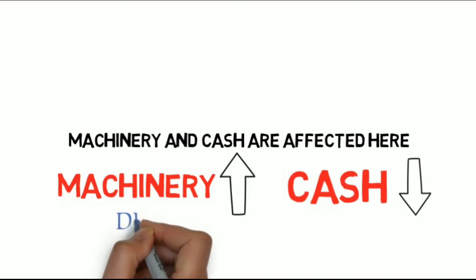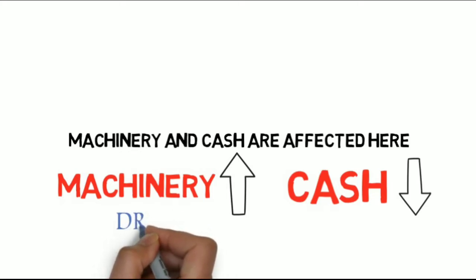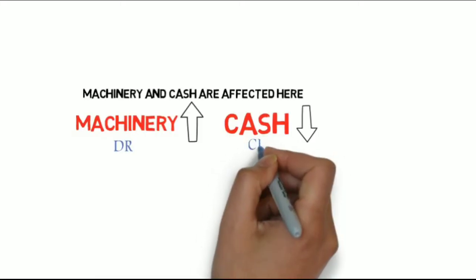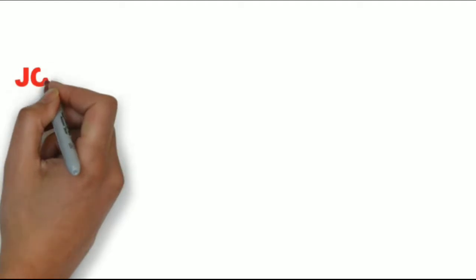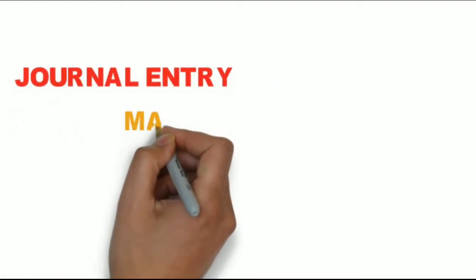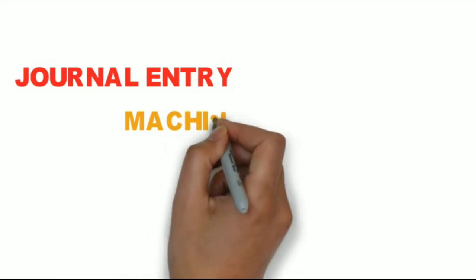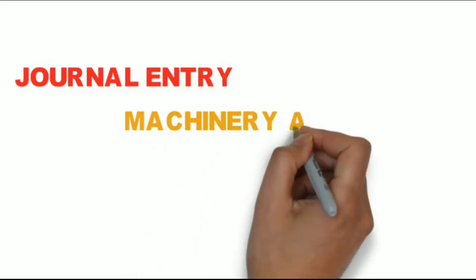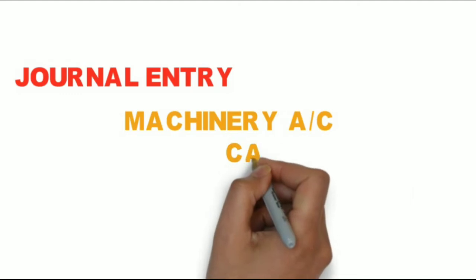So when machinery is coming into our business, it is a debit for us, as machinery is increasing, and cash will be credited as cash, an asset, is decreasing. So our journal entry will be machinery account debit to cash account.